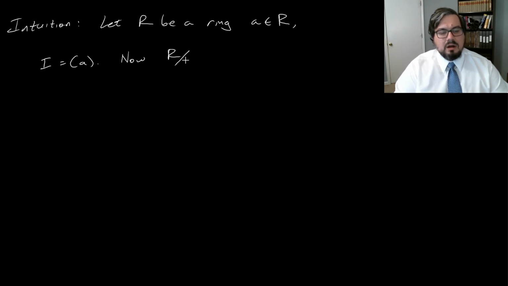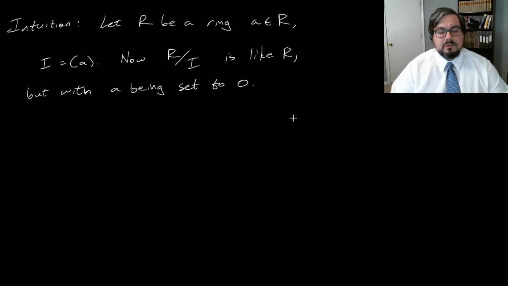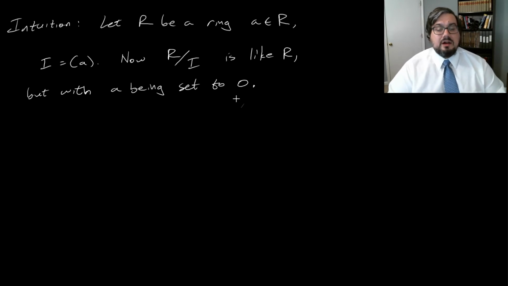Now, R mod I is like R, but with A being set to 0. It's like we've decided, all right, anything that's a multiple of A, you're just going to be 0.